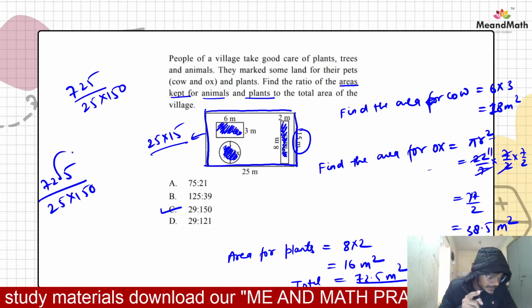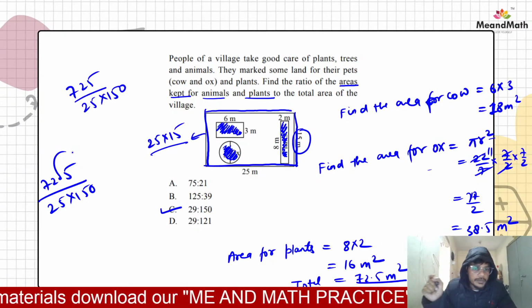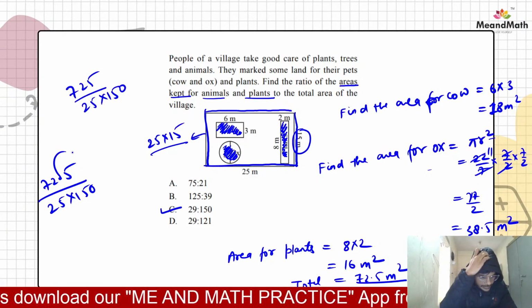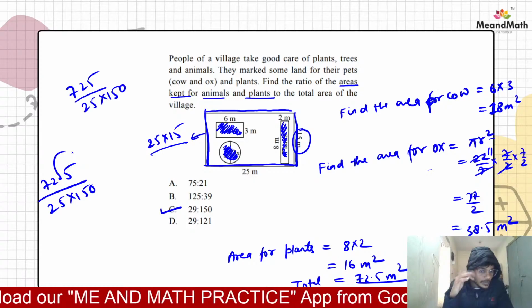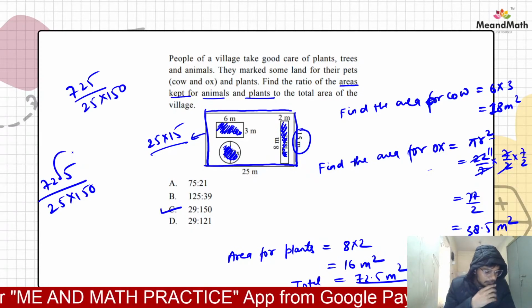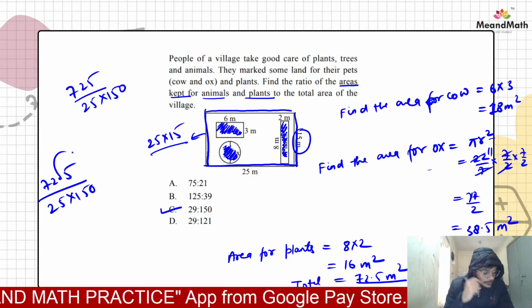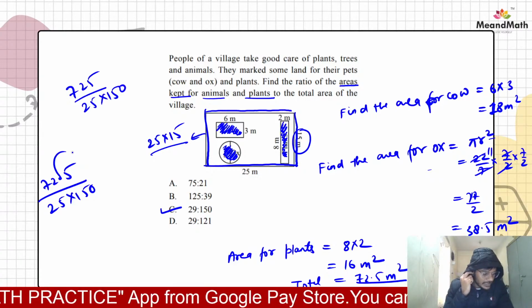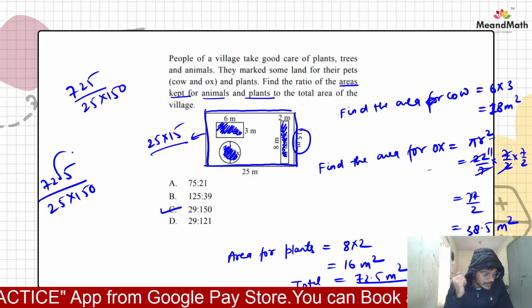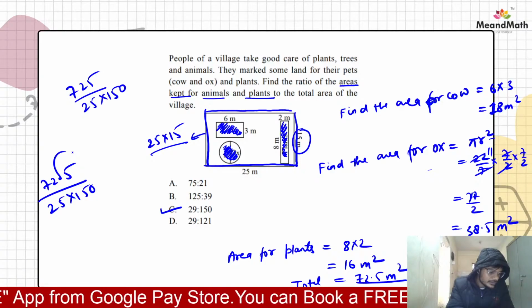So if this is clear, tell me, then I will move ahead. Otherwise, if you have any other doubt, you can ask me. Yeah, Aditya, Arsh, and Satvik, is this clear?